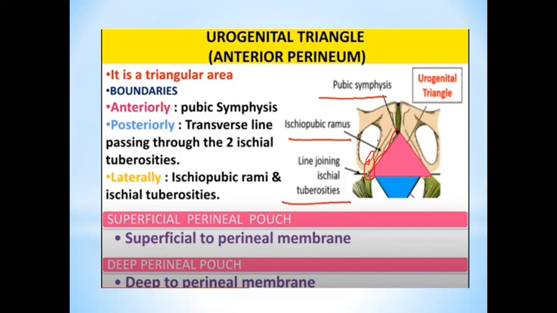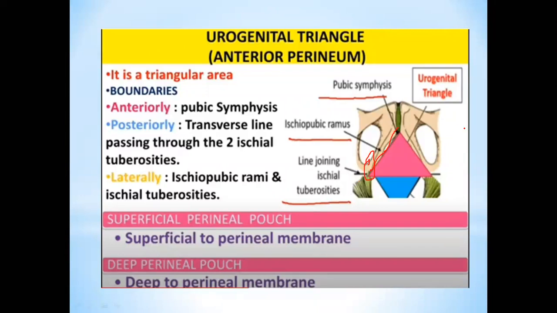Now this urogenital triangle divides further into the superficial perineal pouch, which is superficial to the perineal membrane. As we said, the parietal layer and the visceral layer both cover the viscera in the perineum, so it will also be covering the urogenital triangle.